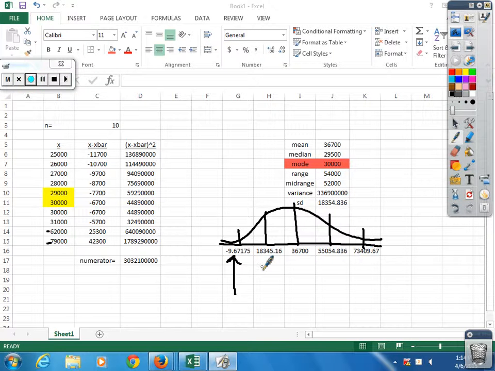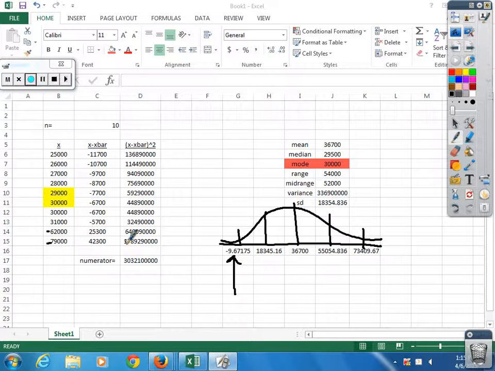It wouldn't be negative $9,000. It would be 12,000 to 31,000 or something like that. So you got a little bit of abnormality because of these two numbers, and that's the kind of stuff you look for when you're dealing with statistics.